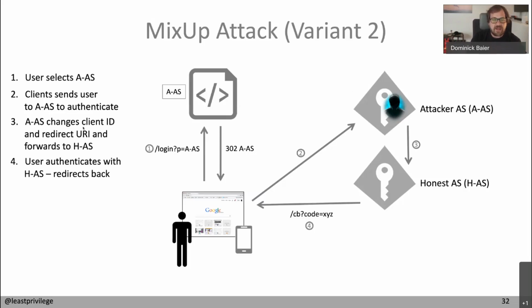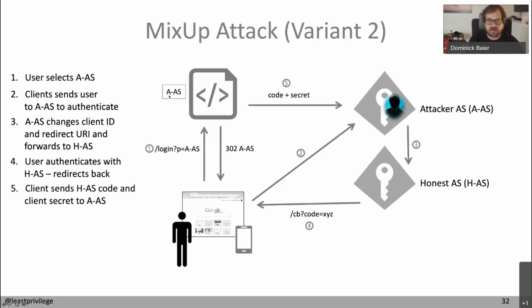But now the client gets the code from the honest AS, thinks the attacker AS has been used, and again sends the code and the secret to the wrong place, and now the attacker can turn it into tokens. Okay, so that's an example of when I said mounting additional endpoints gives us very interesting attack scenarios. So if you're not prepared for that, this is a pretty interesting attack.